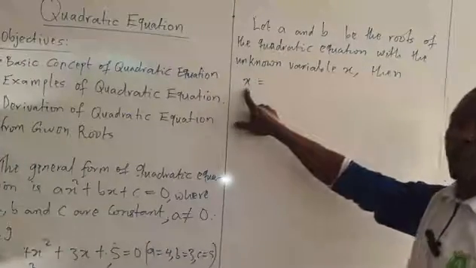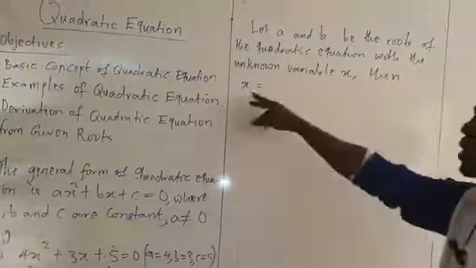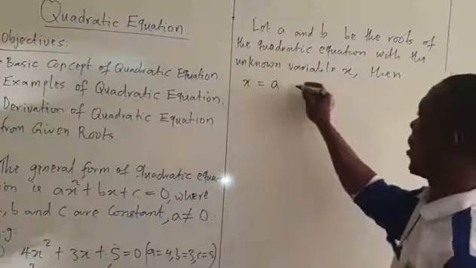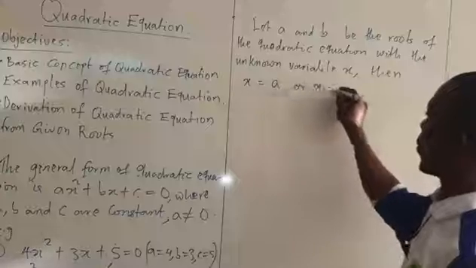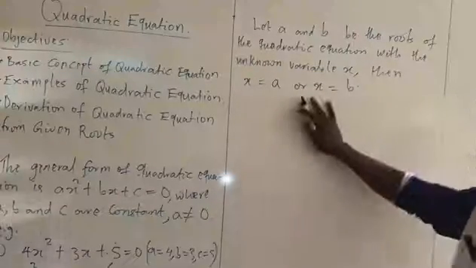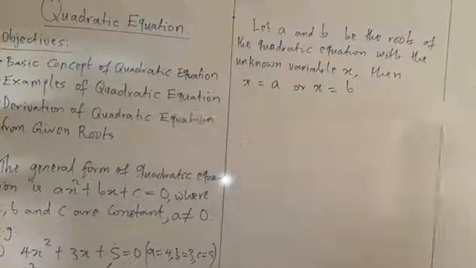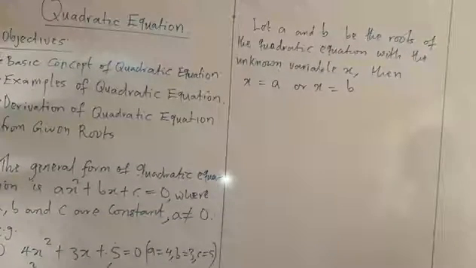That's why we have this x. If it is unknown variable y, we are going to have y equals. So now x equals A or x equals B. So let's assume these are the set of answers for the quadratic equation we are about to derive.